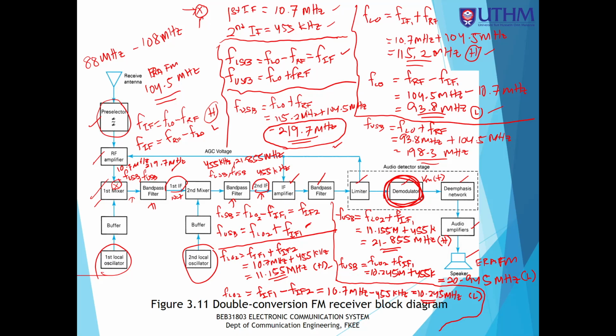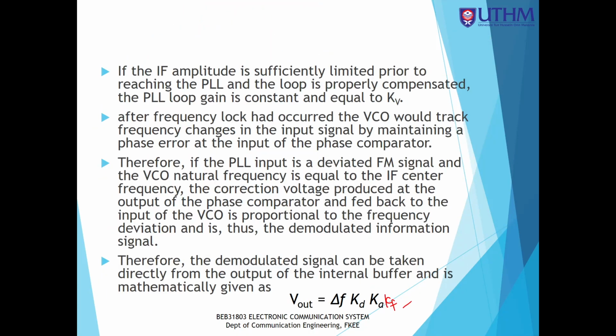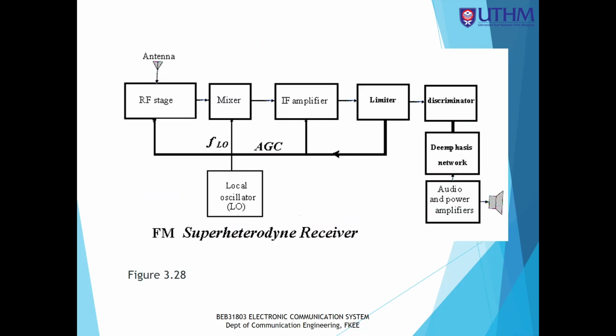The name is the Armstrong receiver, which uses a double conversion signal. Similar to previously, we need a second mixer converter to down convert the frequency.